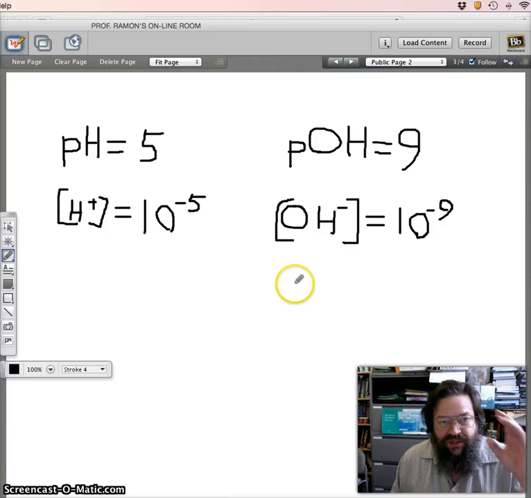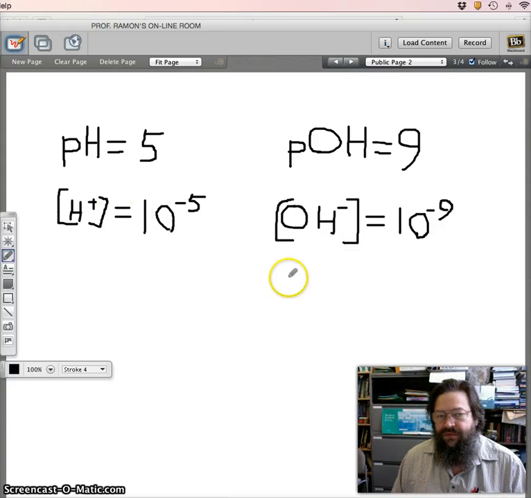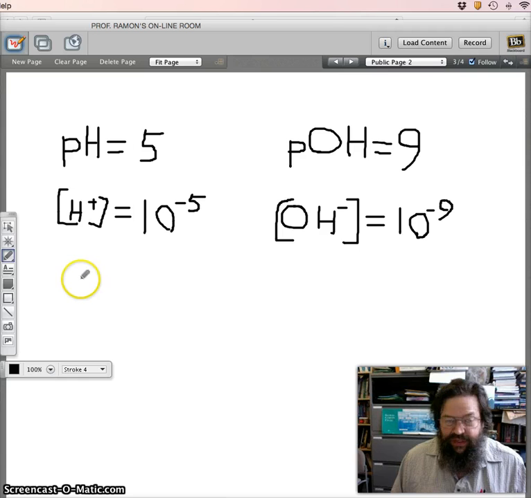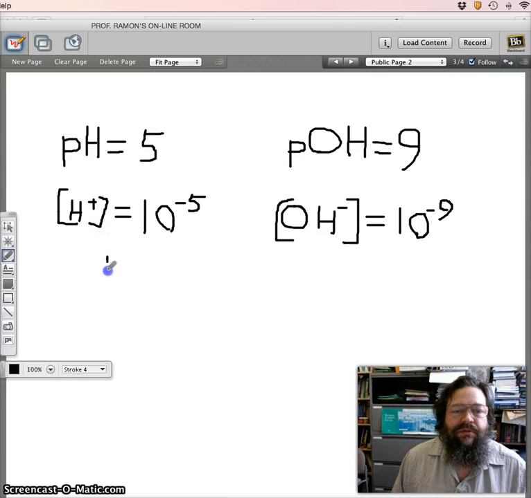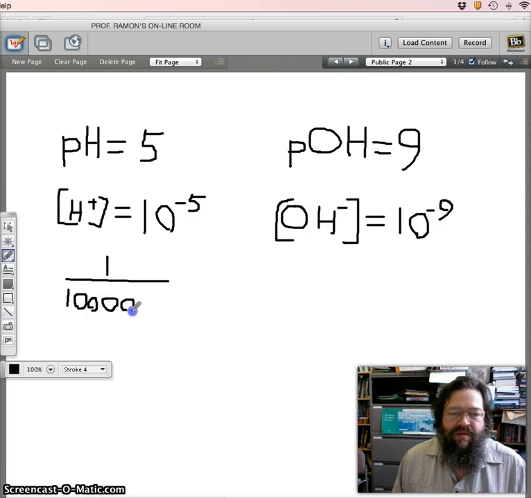Now, in analyzing this, it helps to convert these into a fraction so that you can tell what these mean. So 10 to the negative 5 power is 1 over a 1 followed by 5 zeros. So basically we're saying the concentration of hydrogen ions is 1 hydrogen ion per 100,000 water molecules.